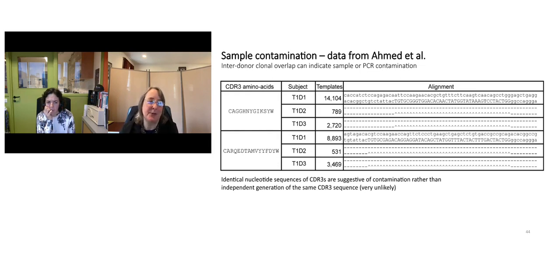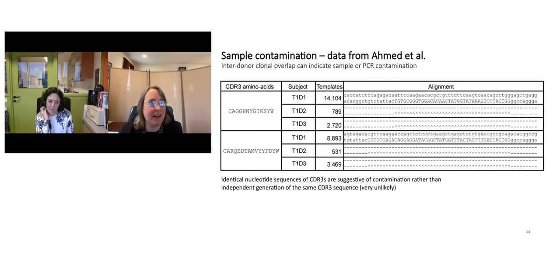We're going to get to some other types of sharing in a minute, but this is high copy sequence sharing. And if you look at the alignments of these sequences, they are identical at the nucleotide level. So this is diagnostic of contamination. You cannot get this result by chance across 119 clones. And to get this exact same sequence in 3 different people at the nucleotide level is not evidence for a public clone. It's evidence for a technical problem.